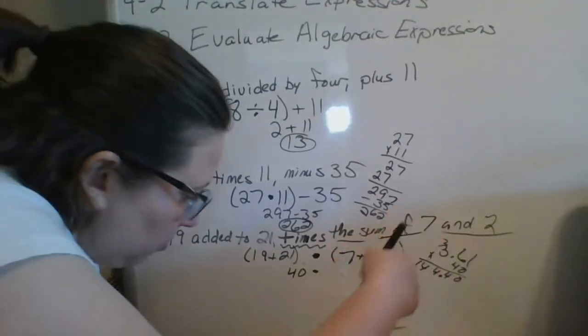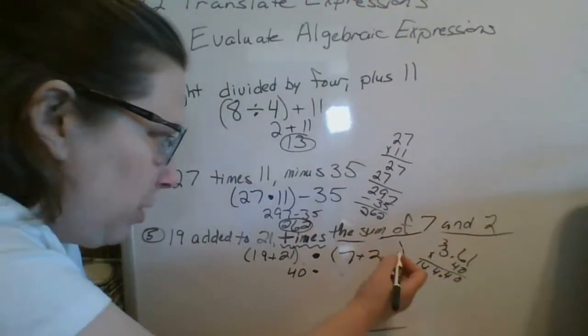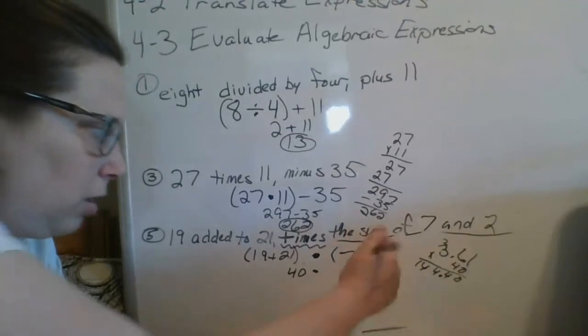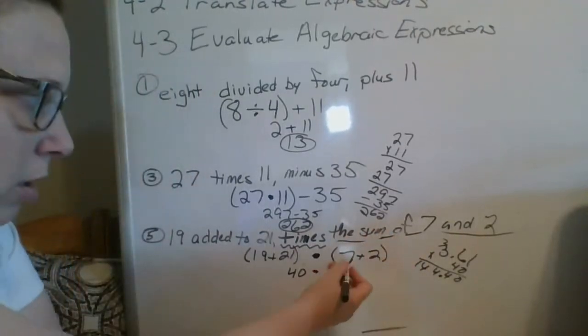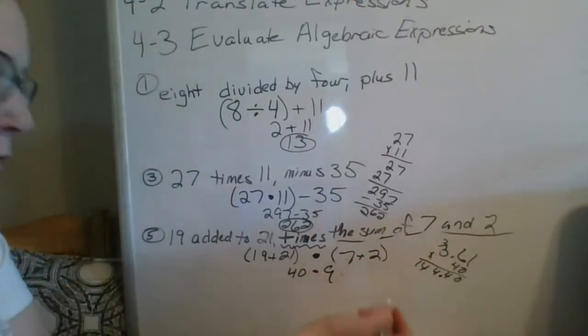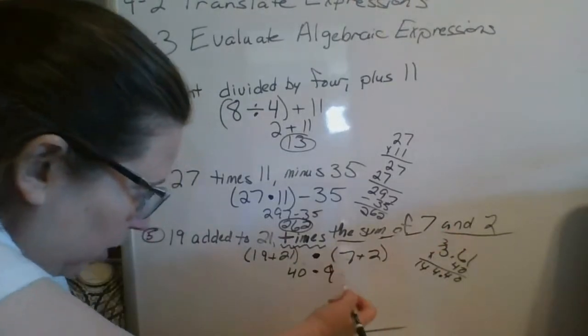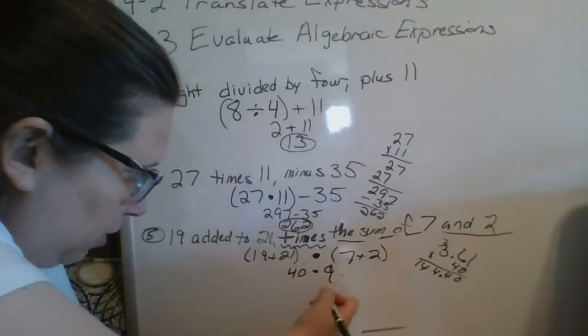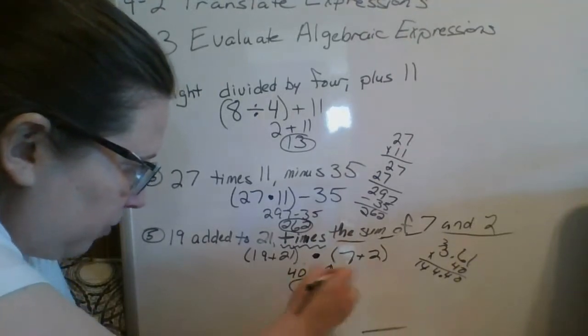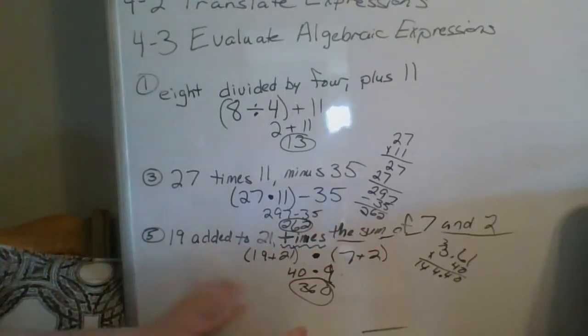Still the sum of 7 and 2, which is probably why I made that error. So this would be 40 times 9, a little easier than that problem. So 40 times 9 would be 360. There we go. So the answer to number 5 is 360.